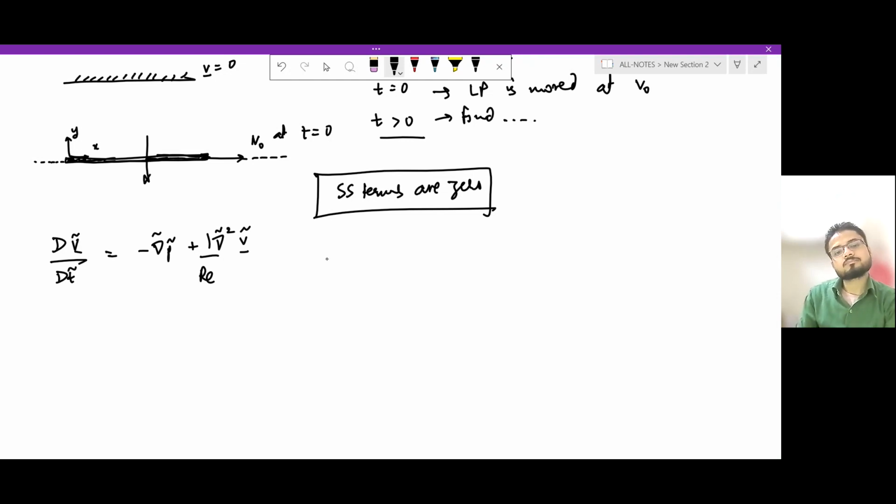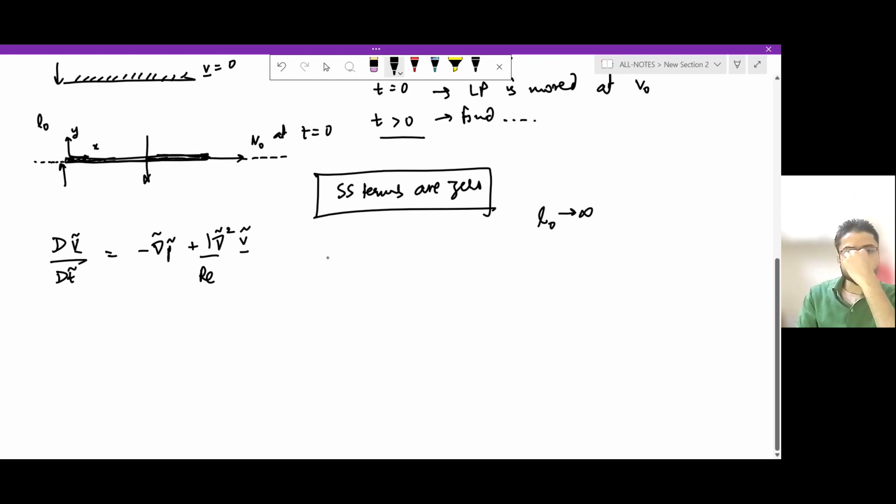Now let's call the distance between these two plates L naught. What we are assuming is that this L naught tends to infinity.